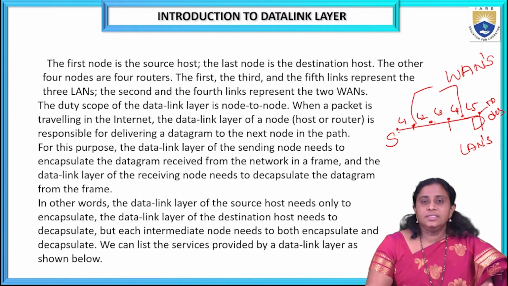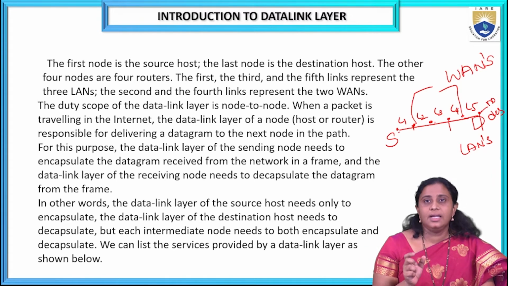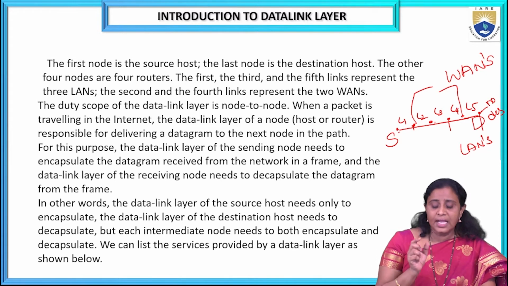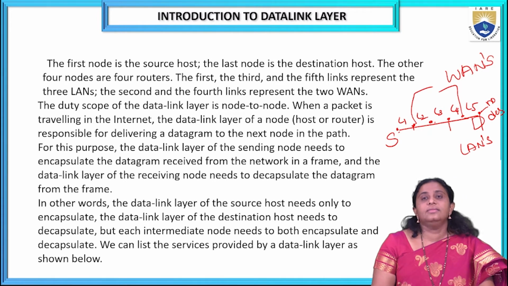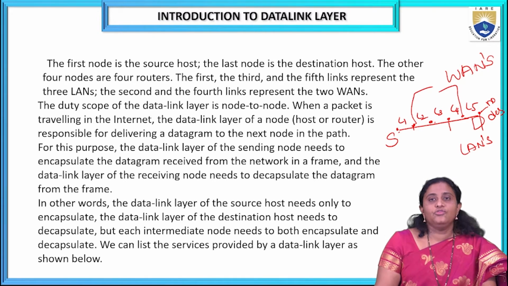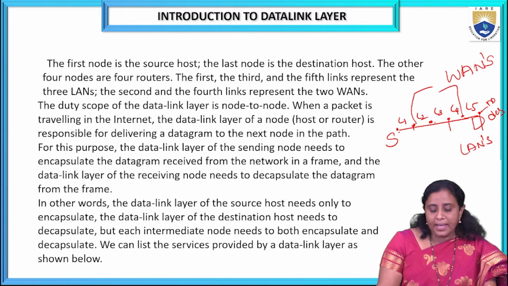Here we have to see that the mode of transmission under the data link layer is by means of data frames, and the transmission of data packets is from one node to another node. When a packet is traveling in the internet, the data link layer of a node, from a host or a router, is responsible for delivering a data packet or datagram to the next node in the path.